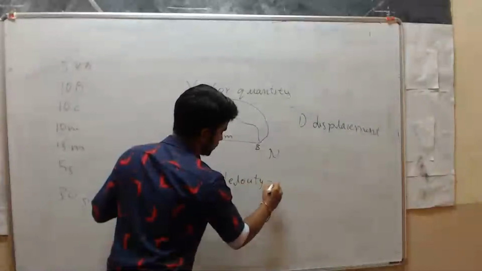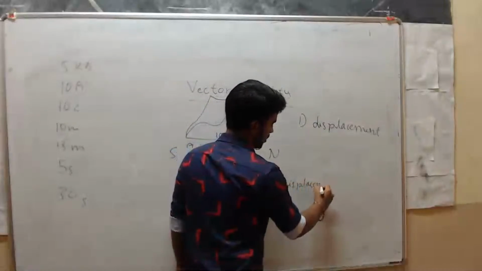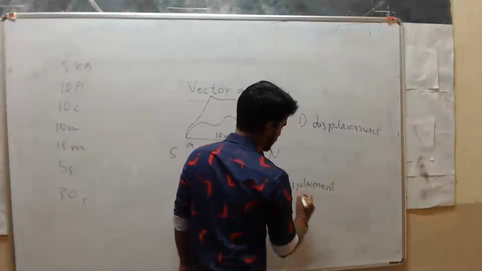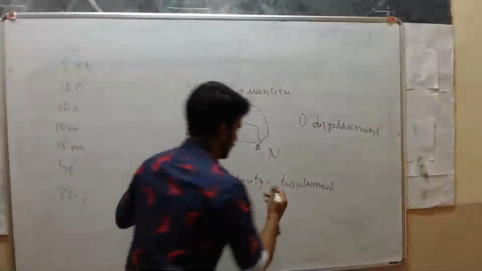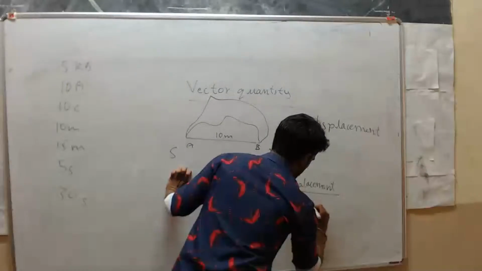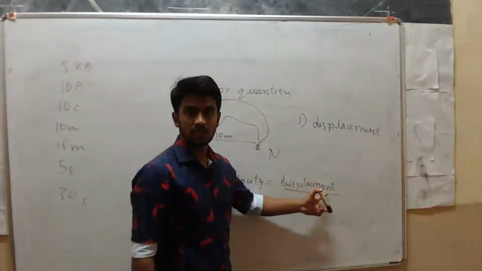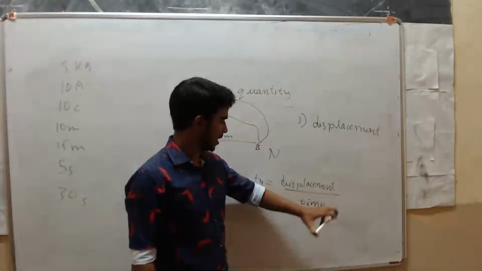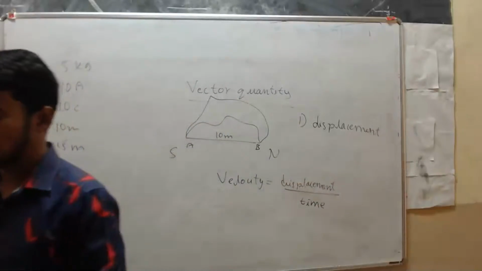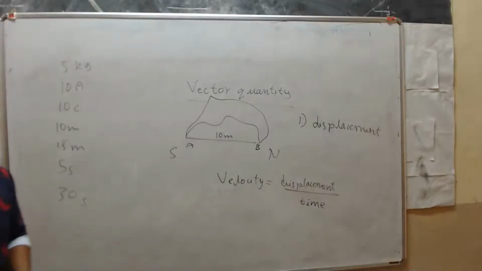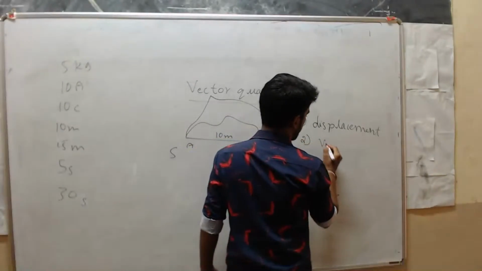Velocity is equal to displacement by time. Here displacement is vector quantity and time is scalar quantity, but overall velocity is an example for vector quantity. Okay, so velocity is an example for vector quantity.